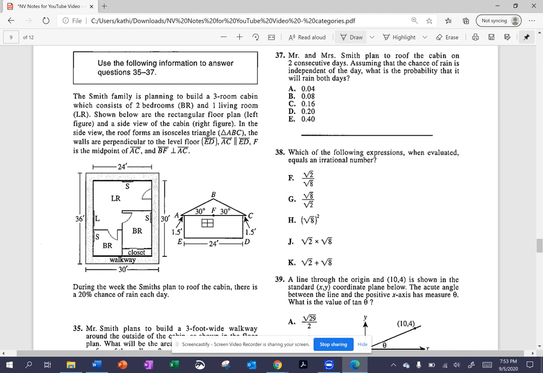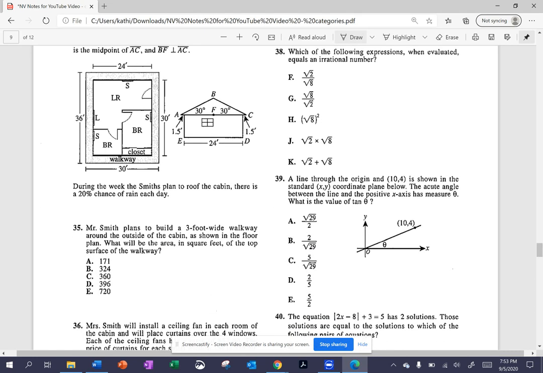And we got some midpoint information. During the week the Smiths plan to roof the cabin, there is a 20% chance of rain each day. Okay, number 35. Mr. Smith plans to build a 3-foot wide walkway around the outside of the cabin as shown on the floor plan. What will be the area in square feet of the top surface of the walkway?